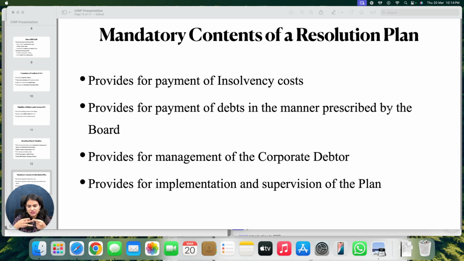And they may also increase, there can be two representatives from the successful resolution applicant and two representatives from the financial creditors as per their resolution plan and the clauses agreed upon there. And the insolvency professional will be compensated, and such compensation will also be included in the resolution plan itself.